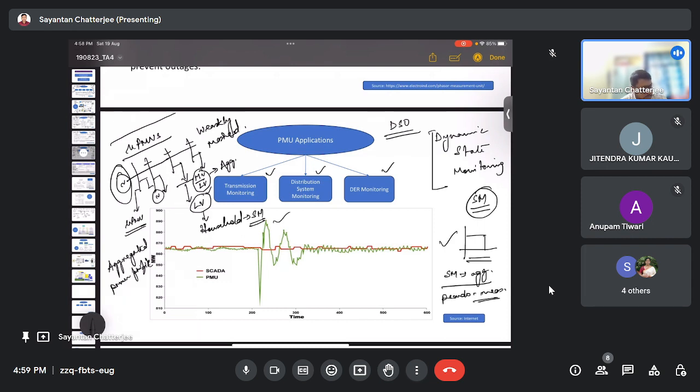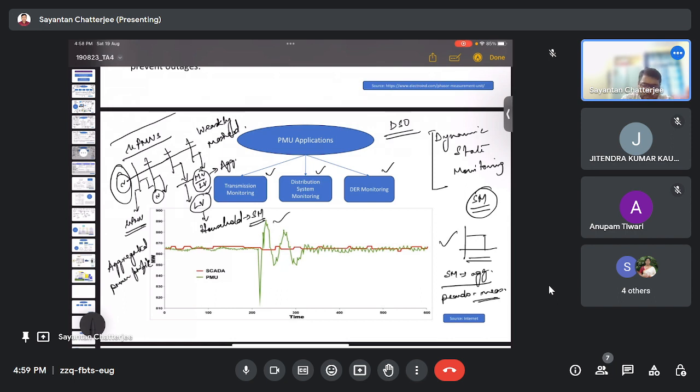And what are these pseudo measurements? These pseudo measurements are based on the historical data of that node. Suppose people have the load forecasts of the system; based on the load forecast, they can find out the future operating values, or rather the forecasted load profile.